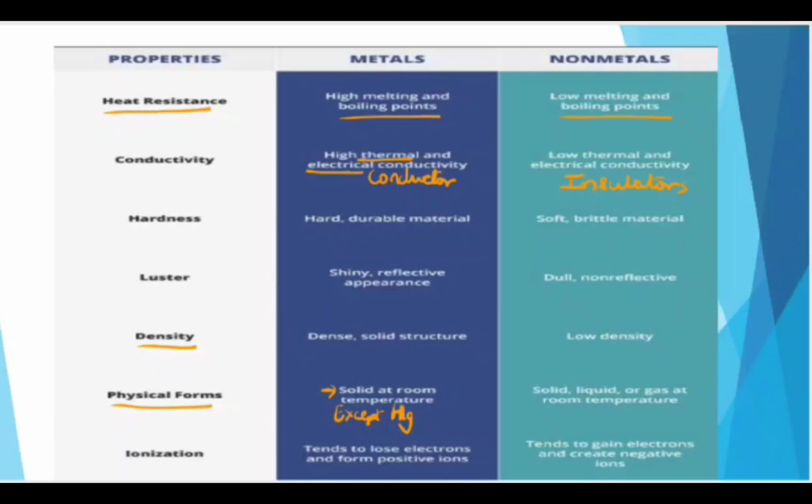Whereas non-metals are found in solid, liquid or gaseous state at room temperature. Coming to ionization, metals tend to lose electrons. They are willing to give away their electrons and form a positive ion, a cation. Whereas non-metals tend to gain electrons and create negative ions, called anions.